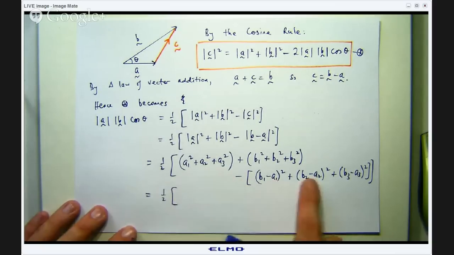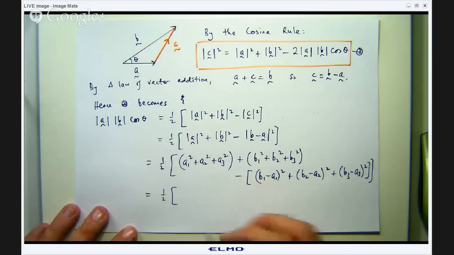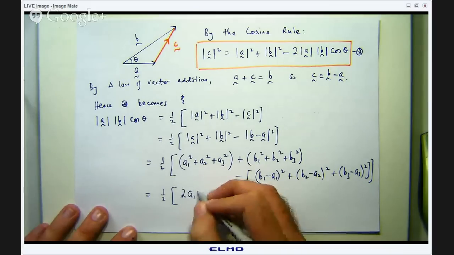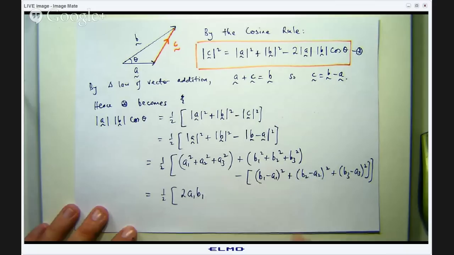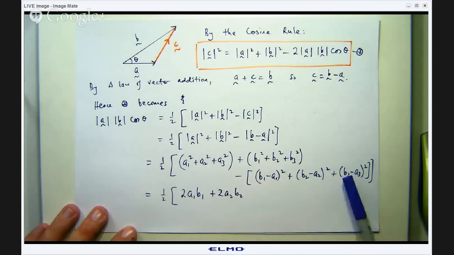The only terms that are not going to cancel are when you multiply these two together. So when you multiply these two together and multiply by 2, you're going to get negative 2 A1 B1. You've got a negative sign there, so it's going to be 2 A1 B1. Same with this one, and the same with this one.